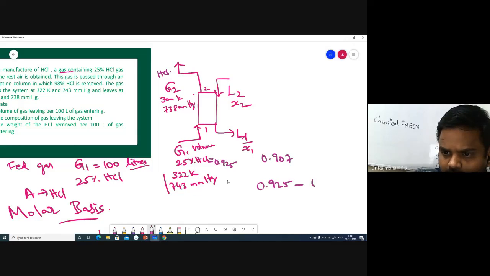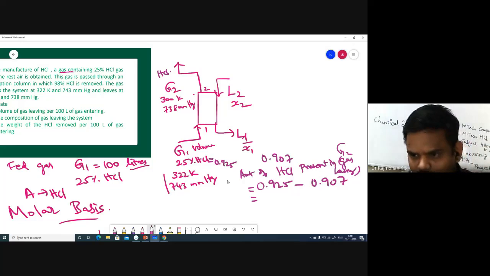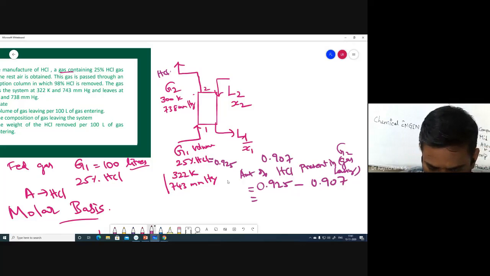So that is the amount of HCl present in gas leaving the system, that is G2. You can subtract this to find out. 0.925 minus 0.907 is equal to 18 into 10 power minus 3, which is 0.018.